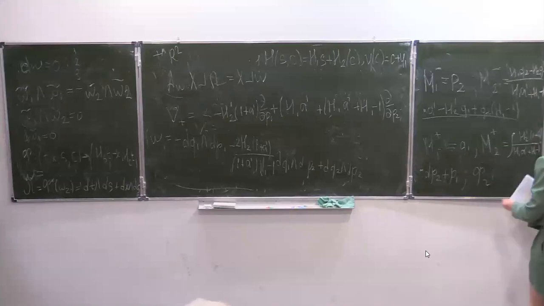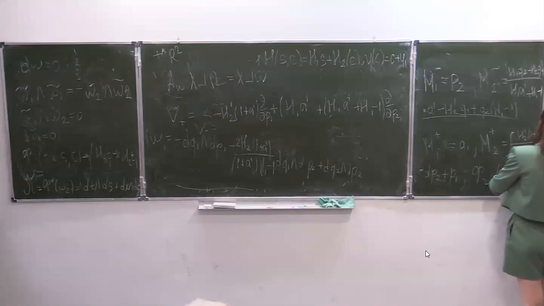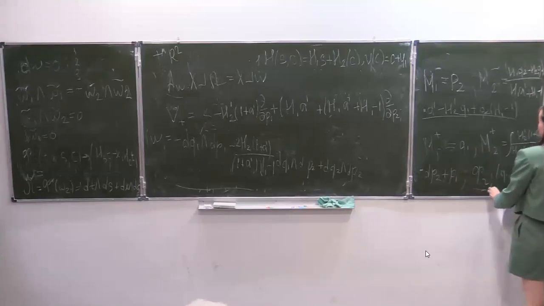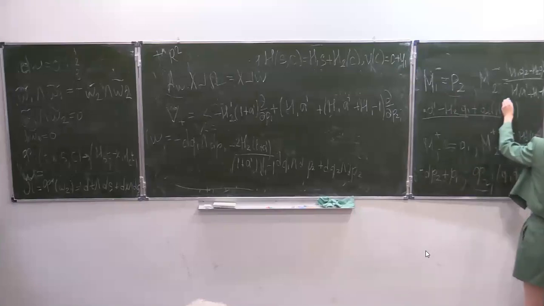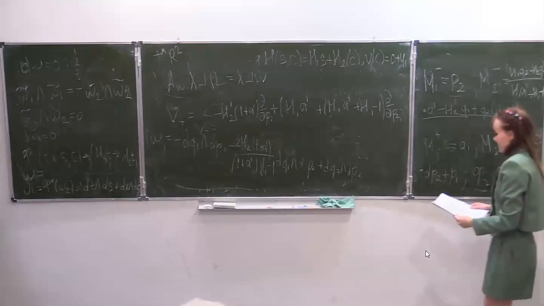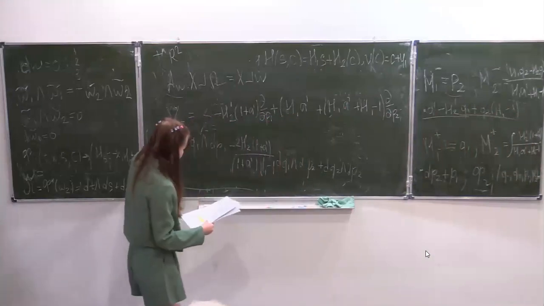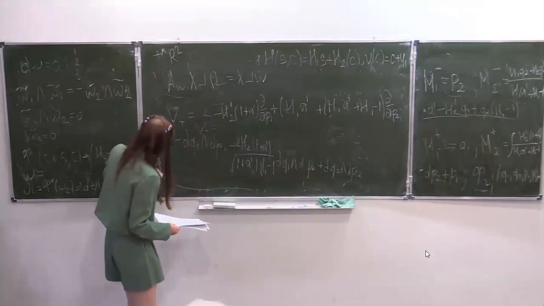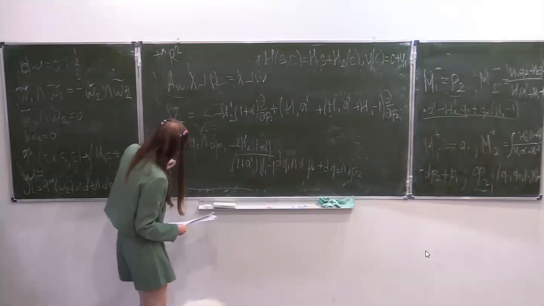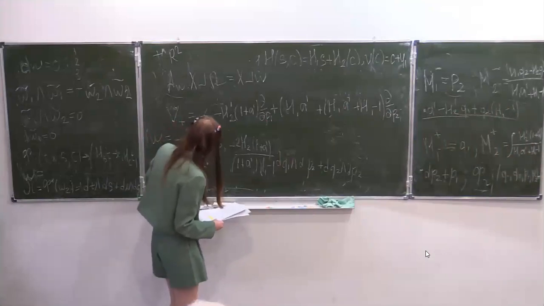Transformation from Q1, Q2, P1, P2 to these variables. It's the transformation. And our form omega becomes a new form.